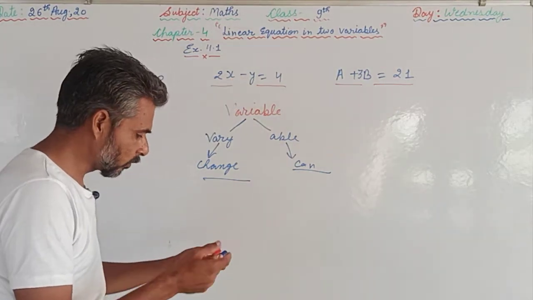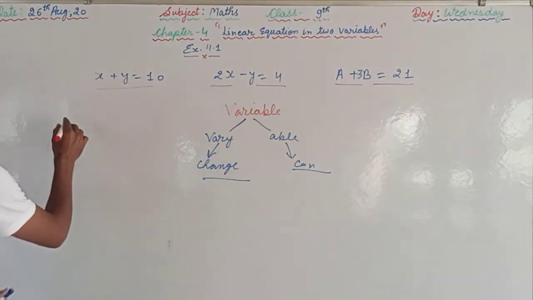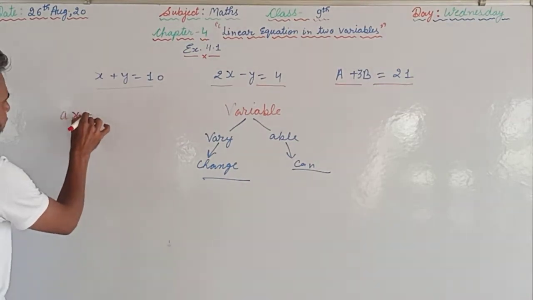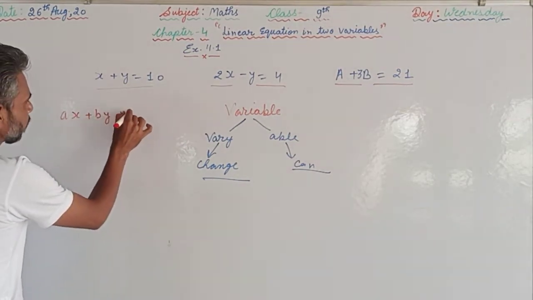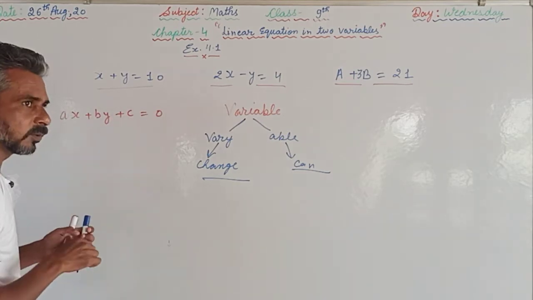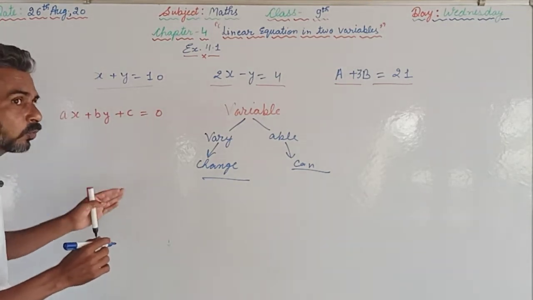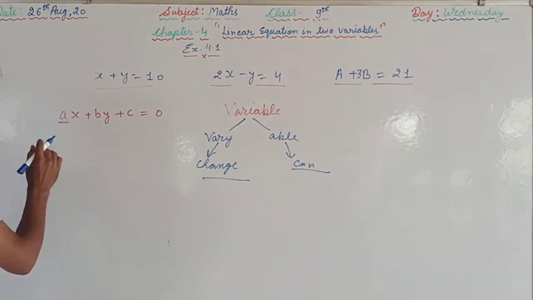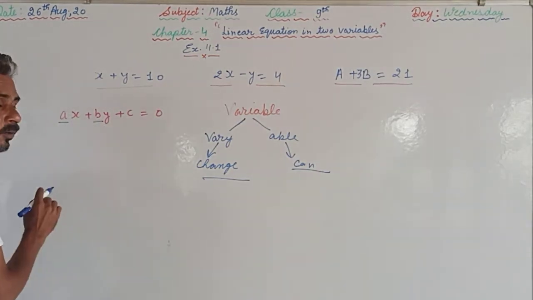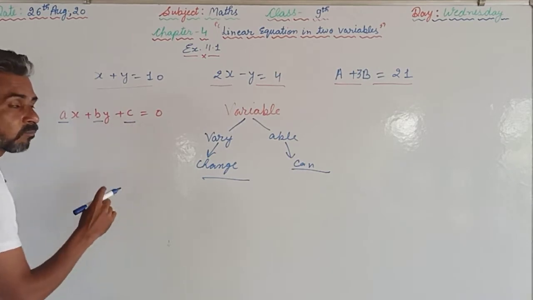So the standard form of linear equation is ax plus by plus c is equals to 0. That is the standard form of linear equation in two variables. Here a is the coefficient of x, b is the coefficient of y, and c is the constant.